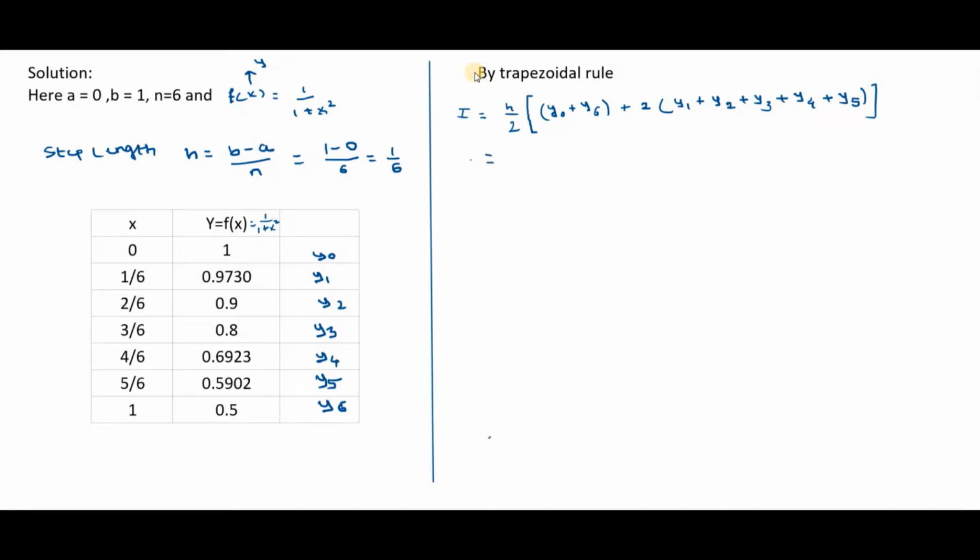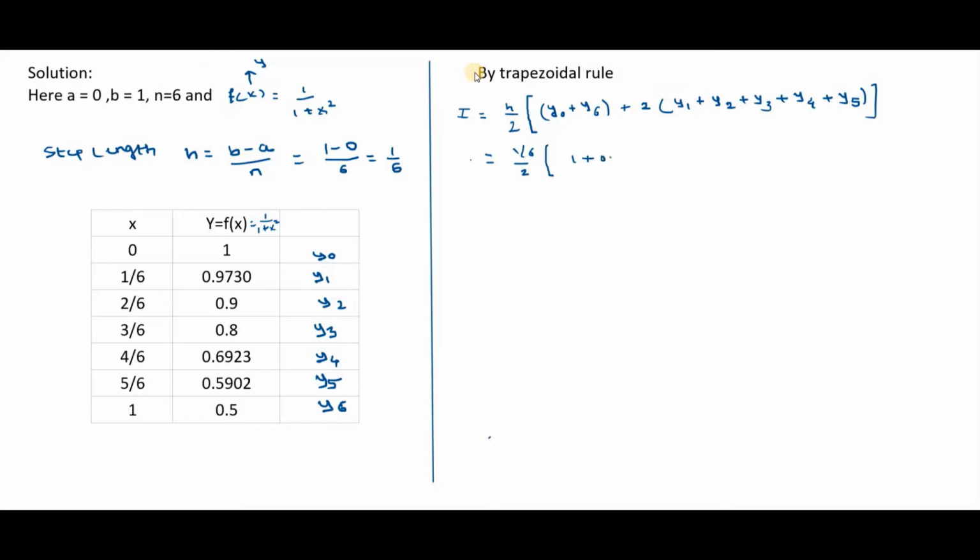Now substitute the values for y0 to y6. So this is h. What is the value for h? H value is equal to 1 by 6. So that is 1 by 6 divided by 2 into bracket. Substitute the value for y0. Y0 value is equal to 1 plus y6 value.